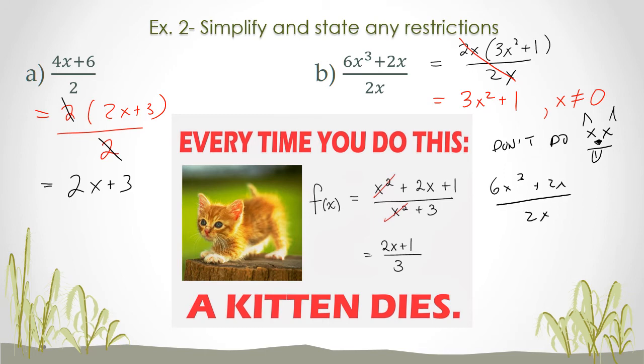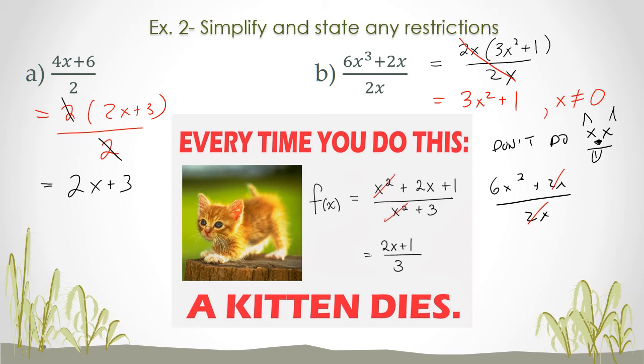So let's go back to B. Definitely don't do that. As you can see, that's not even the right answer. That would just leave you with 6x cubed, and we know the answer is supposed to be 3x squared plus 1. You can only cancel out when you multiply. When you add and subtract, you cannot cancel things out.